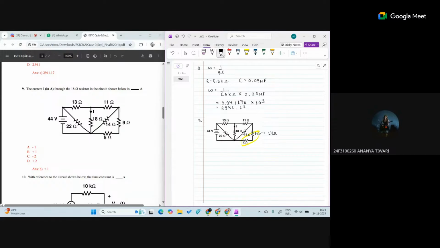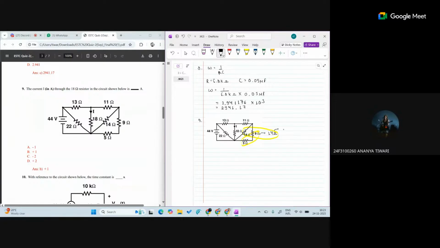So again, what we can do is, if I just do it in one figure, is that a problem? No, ma'am. Okay then. So now this will be in parallel with this 14 ohm.